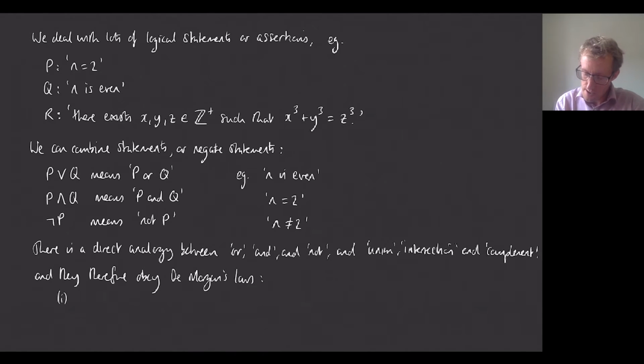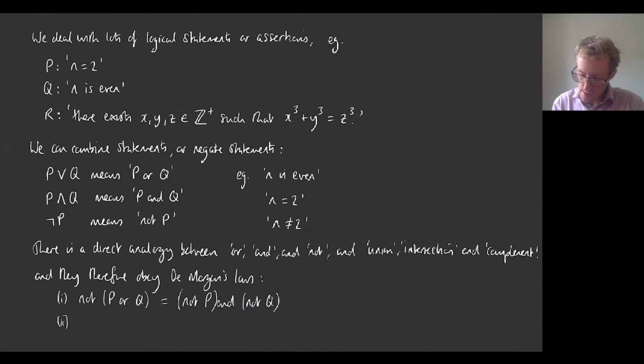So if I want to say, and I'm going to write this just with words, that we don't have P or Q, that's equivalent to saying that we don't have P and we don't have Q. When I say we don't have P, I mean P is not true.